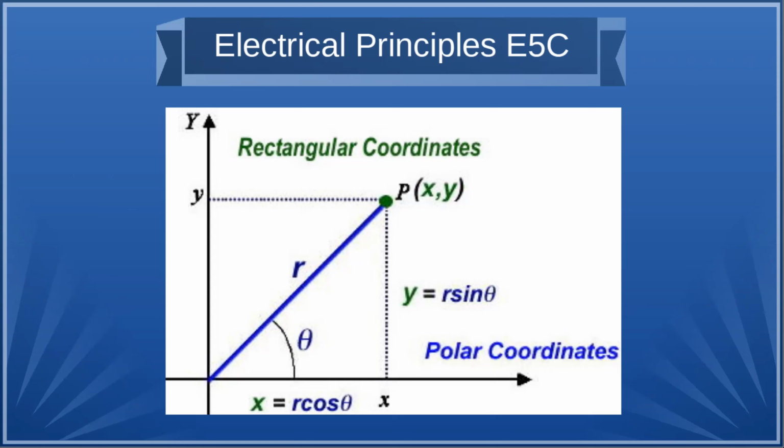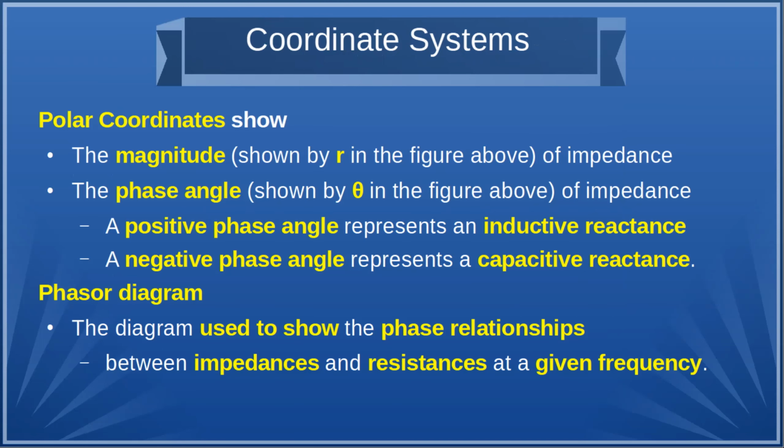And that's important because we're going to talk about power factor. So in polar coordinates, we see the magnitude and the phase angle. A positive phase angle means it's inductive, and a negative phase angle means it's capacitive. And we use phasor diagrams to show the phase relationships between impedances and resistances for given frequencies.